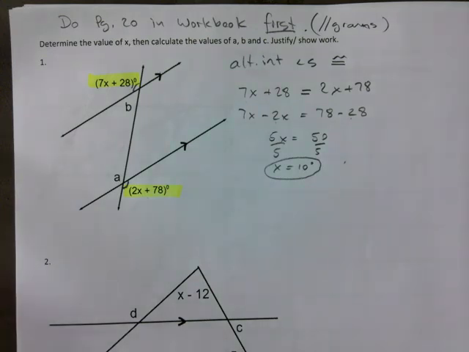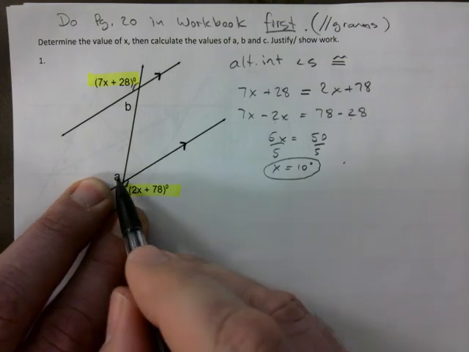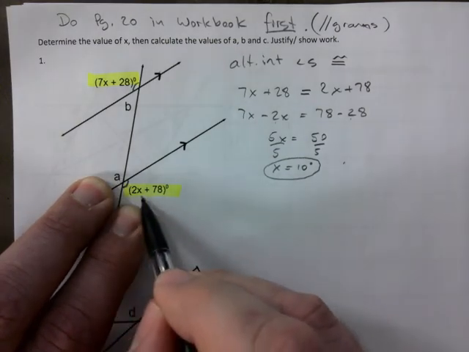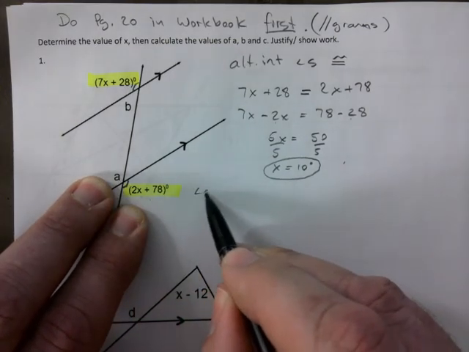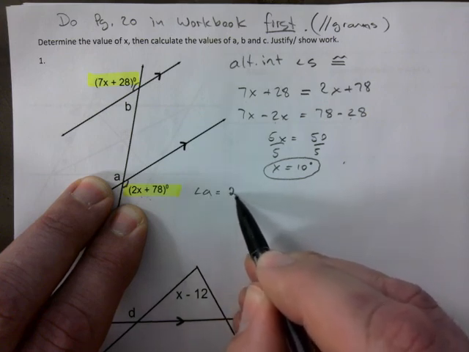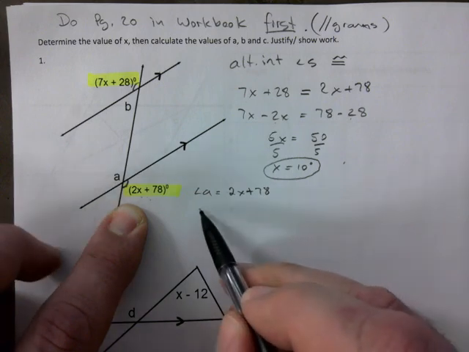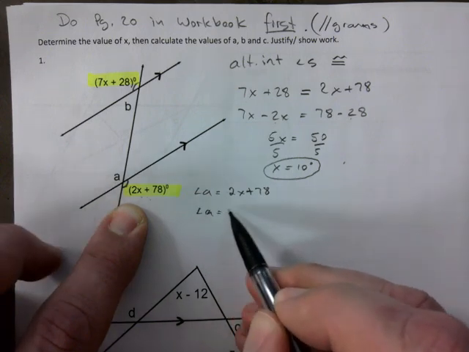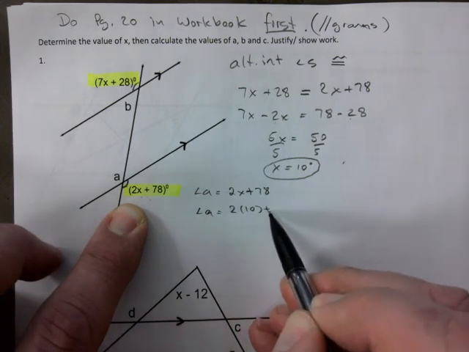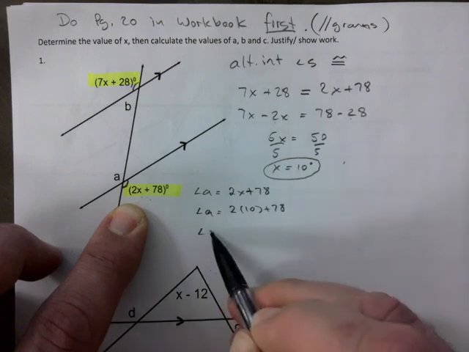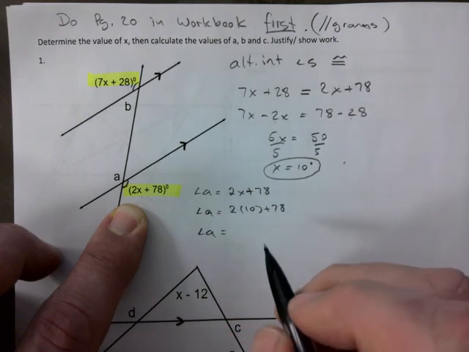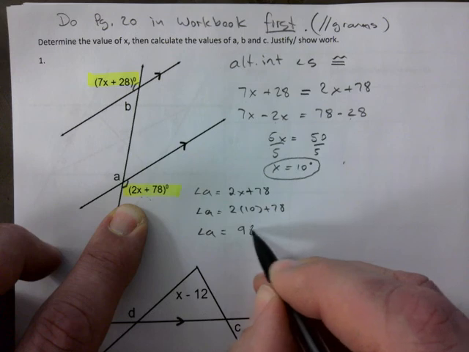And if you notice, A is vertically opposite to this one, right? So angle A is actually 2x plus 78. So angle A is 2 times 10 plus 78. Angle A is 98 degrees.